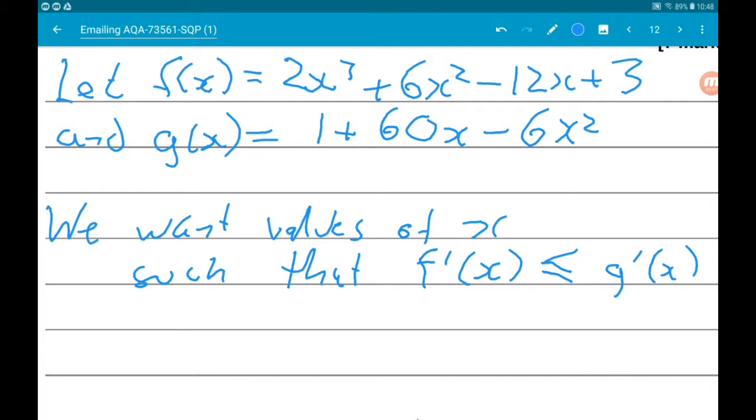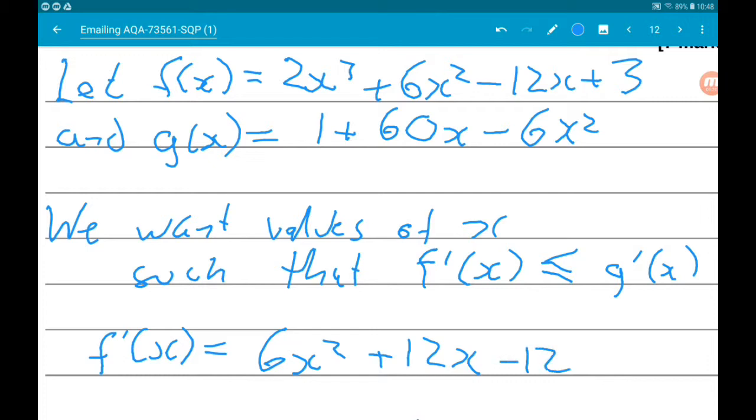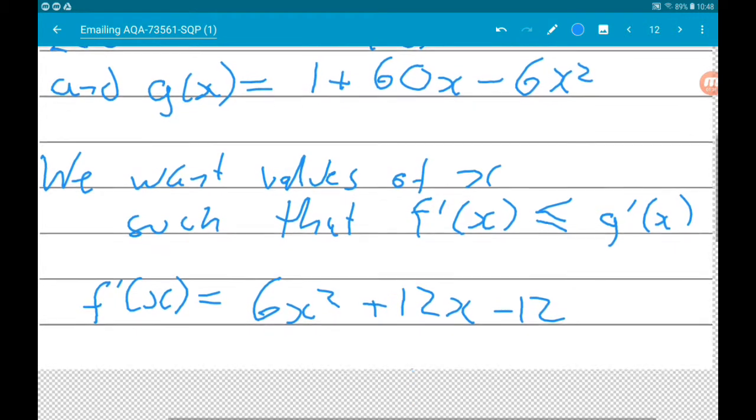So f dashed of x is going to be, well, 2x cubed differentiates to 6x squared. 6x squared differentiates to 12x. Minus 12x differentiates to minus 12, and the constant disappears.